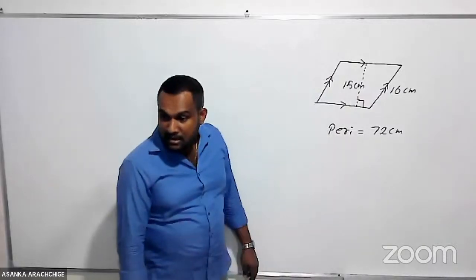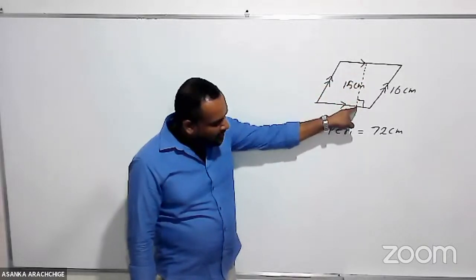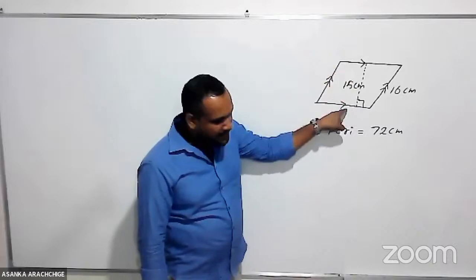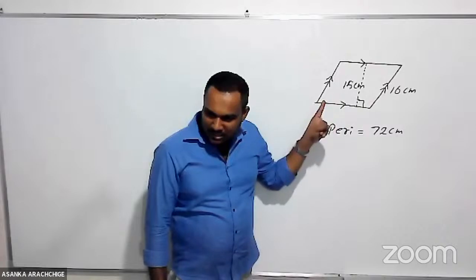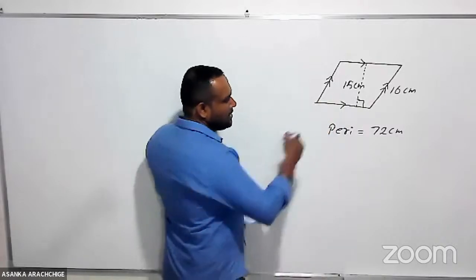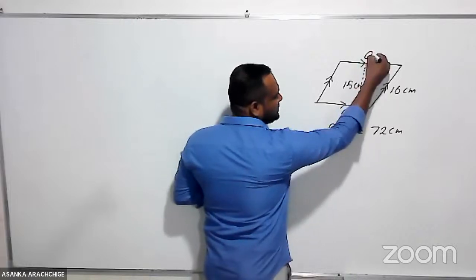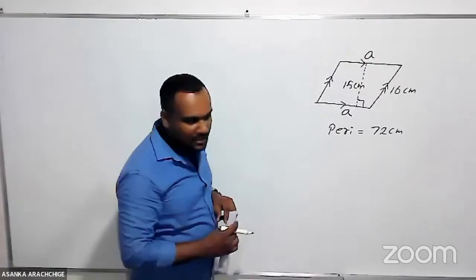But look, we are given this perpendicular height, the perpendicular distance between these two sides. But this is a parallelogram, so if this is A, this is also A, because opposite sides are equal.